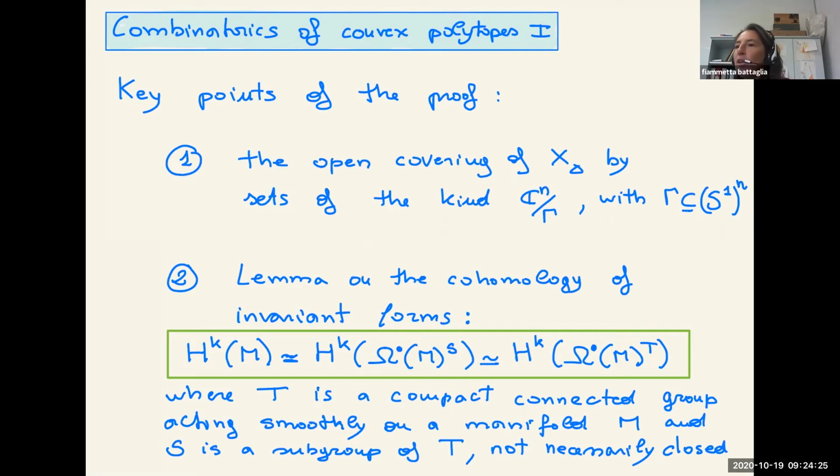We have equalities here. So with these two facts, we are able to prove what I said about the Betti numbers being given by the H vector. So we prove that there is, again, in this non-rational setting, this relation between Betti numbers and the H vector of the polytope.